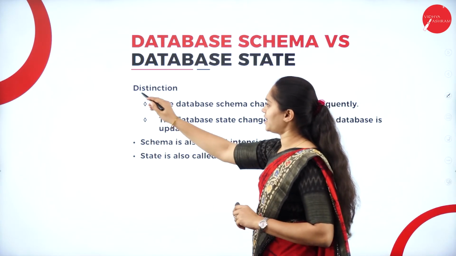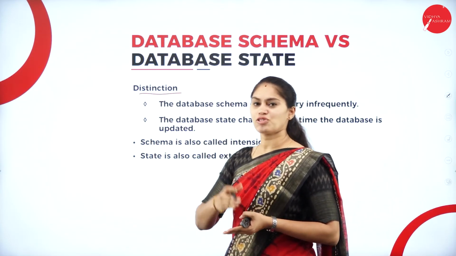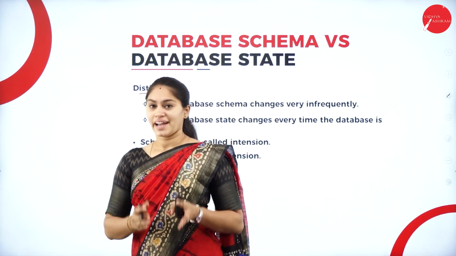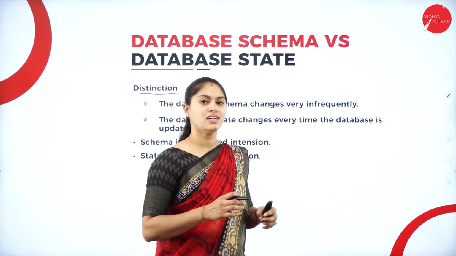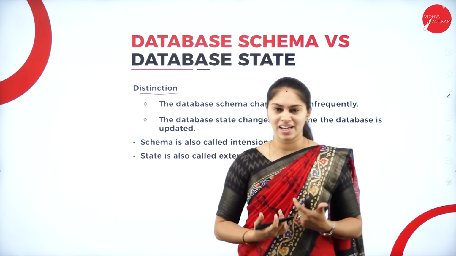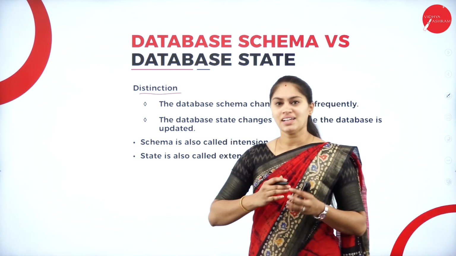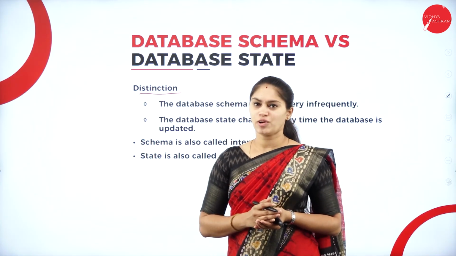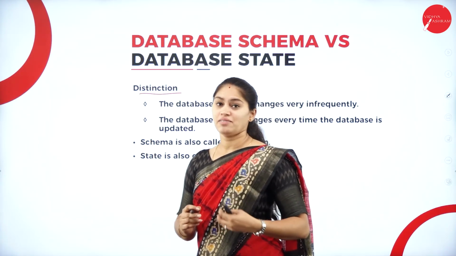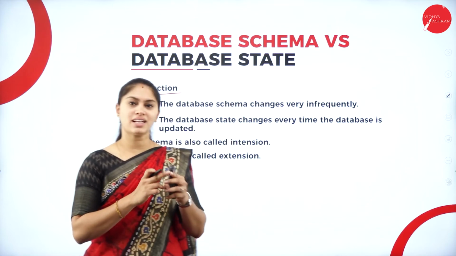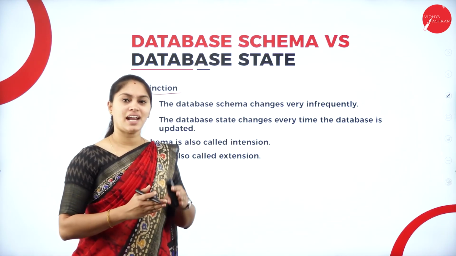We'll see about the distinction. Here we have to distinguish between the database schema and the database state. Imagine we have a college with a classroom, and construction of that classroom takes place only once. It will not be renovated frequently, so I can consider that a database schema.